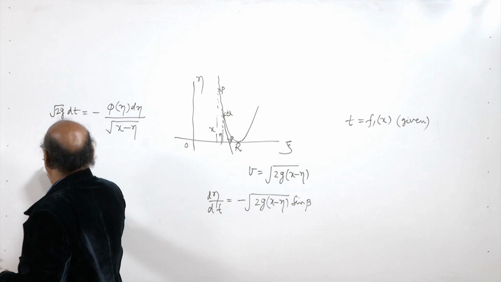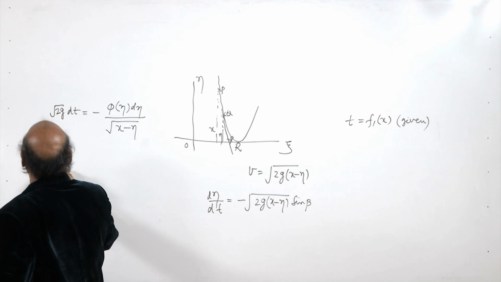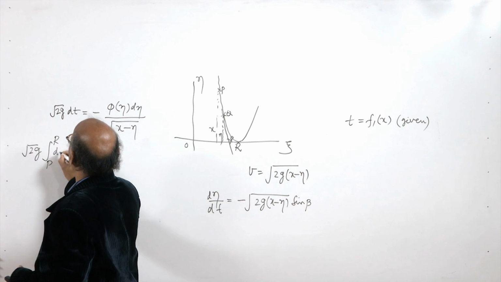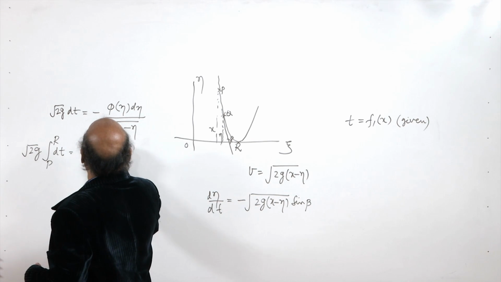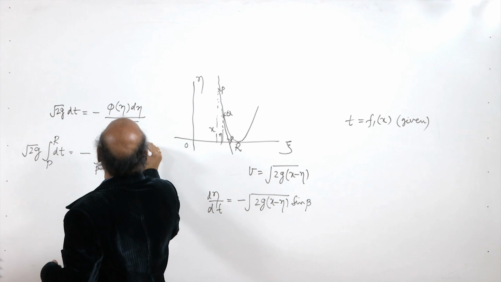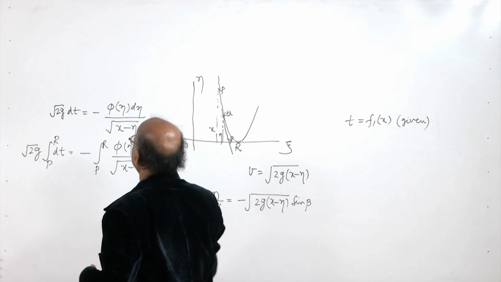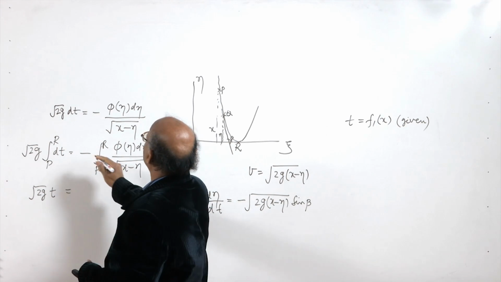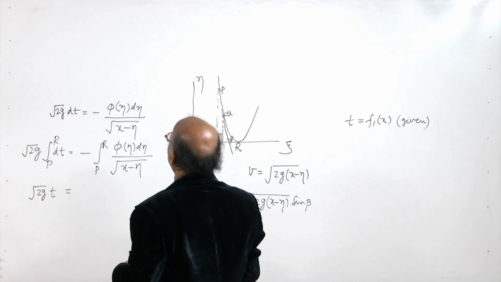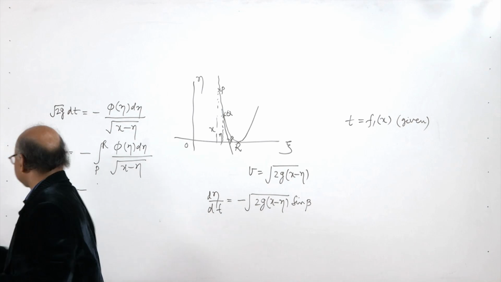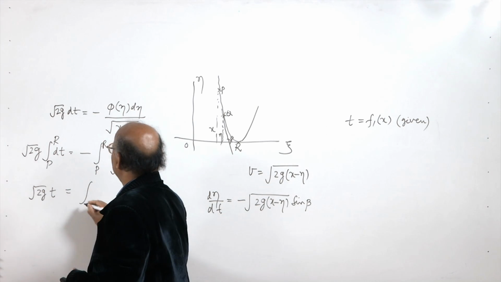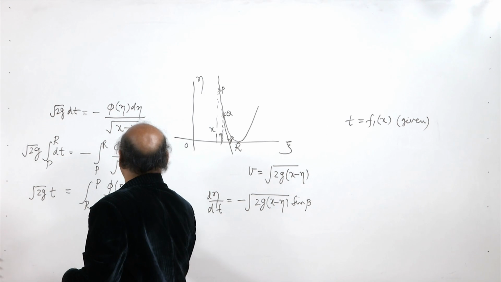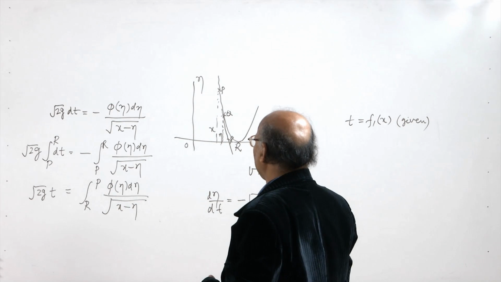So, we have to integrate from P to R. Now from P to R the time taken is t, so under root 2g into t is equal to, because of the negative sign, we can also write it from R to P, the integral from R to P of phi(eta) d eta over under root (x minus eta).